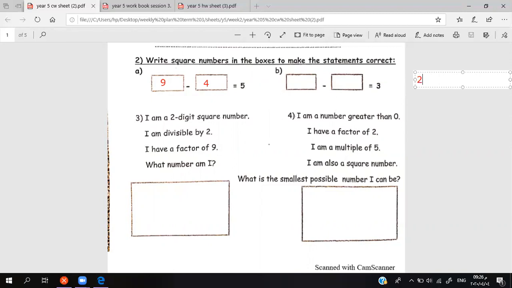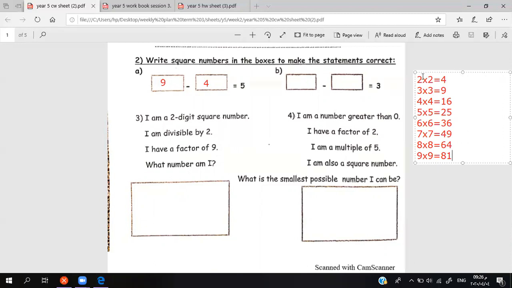Now let's try. 2 by 2 is 4, and okay, 9 by 9 is 81.